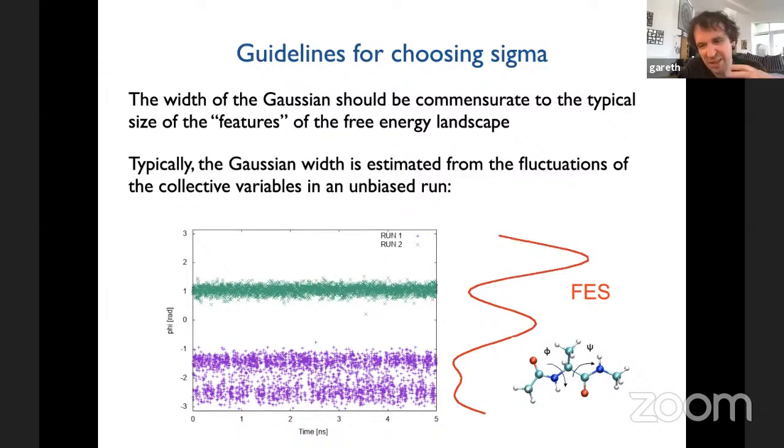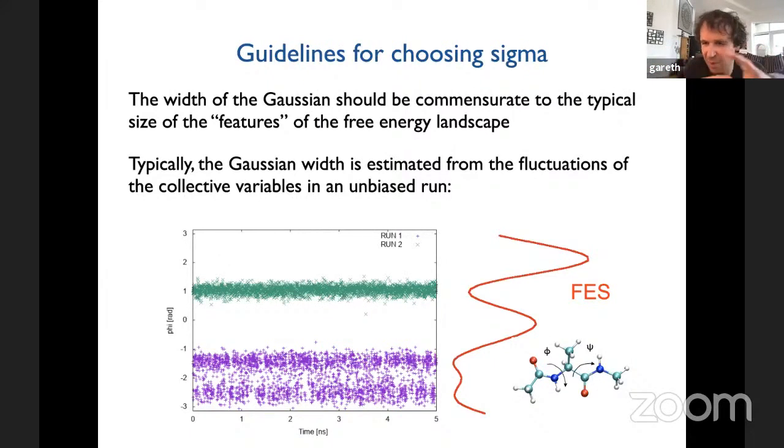If you set them a bit wide, it's not ideal. It's better to set them narrower than wider. And even here, there is the option, which not many people use, to adaptively change the shape of the Gaussians on the fly.